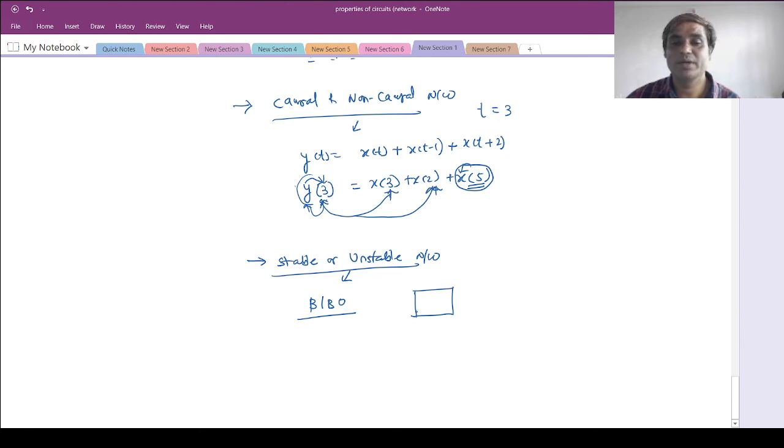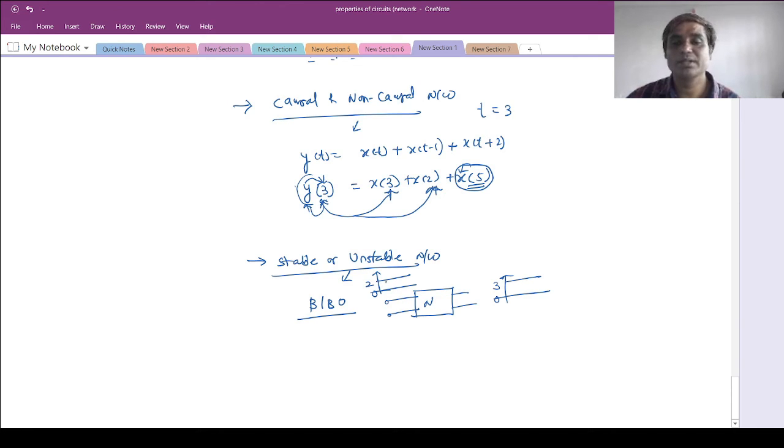For example, if I give a bounded input to a network, which has some lower value and a higher value that is limited, say 2, the output should also be bounded, with a lower limit and a higher limit, like this 3. So that kind of network satisfies stability.